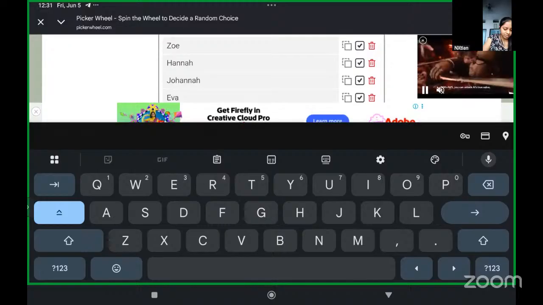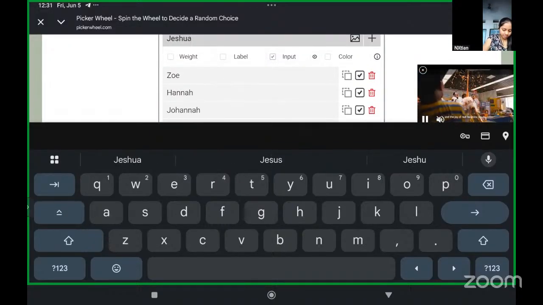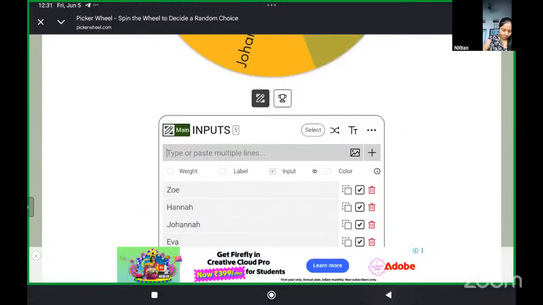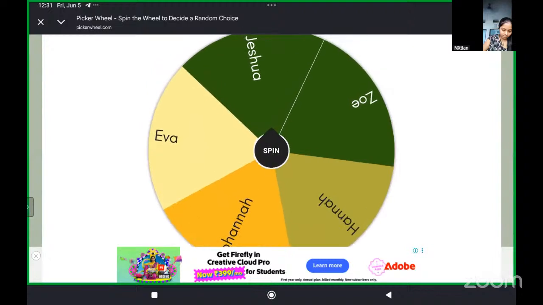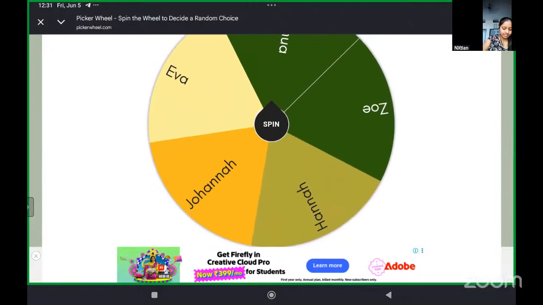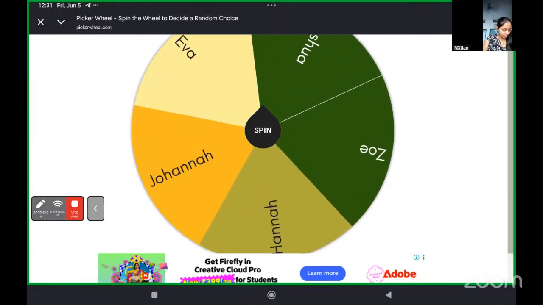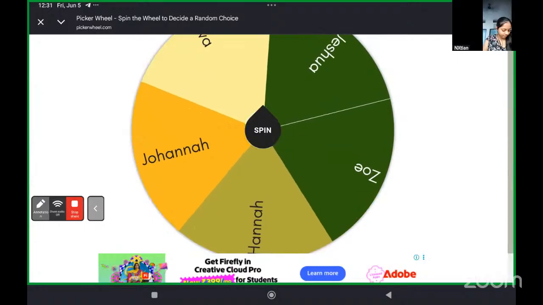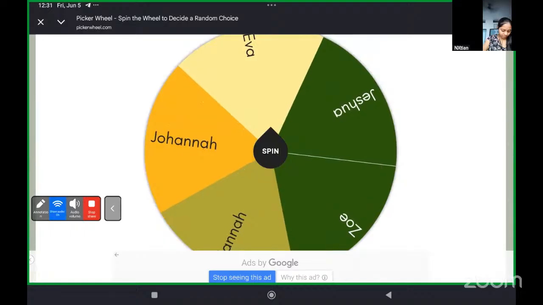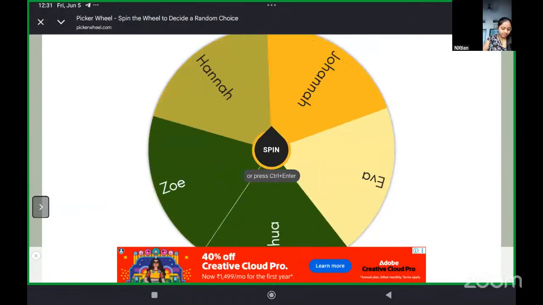Joshua, Zoe, Hannah, Johanna, and Eva. Hope you can see the screen. Okay, let's start.